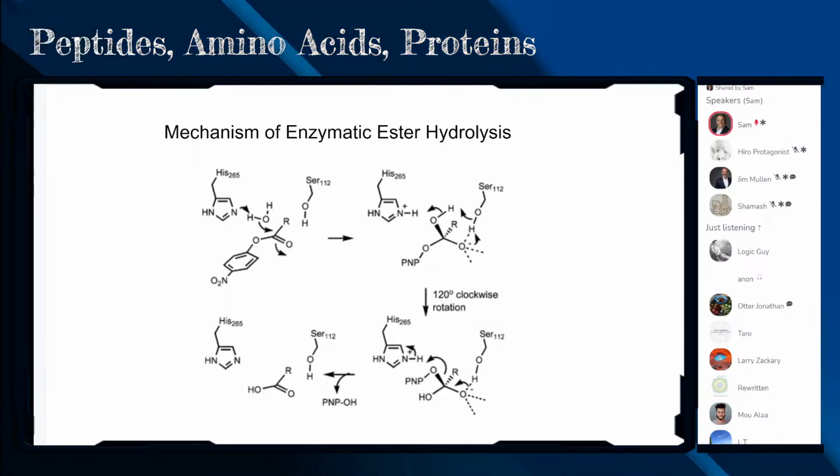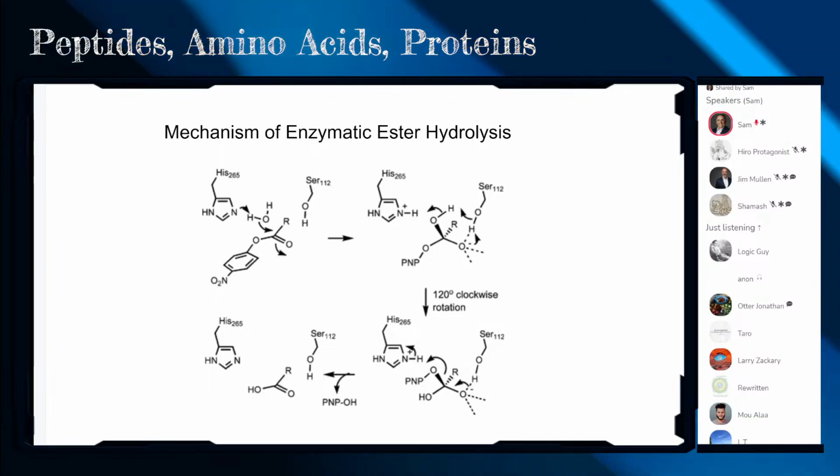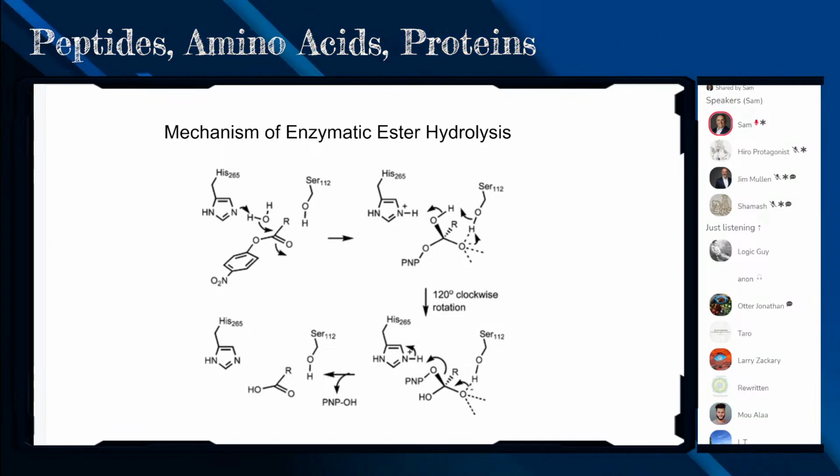Because if we wait for the reaction to go the way it does in a round bottom flask, that's way too slow, right? Those reactions may take 5 minutes or 10 minutes to go to completion. And by then you're dead. If you have to wait 5 minutes for a reaction in the cell, you're dead. So why do enzymes work so fast?